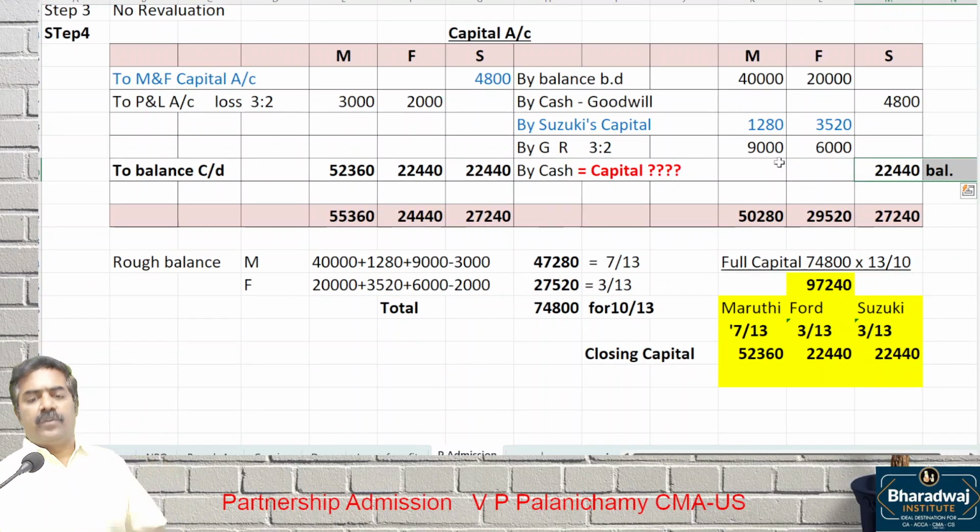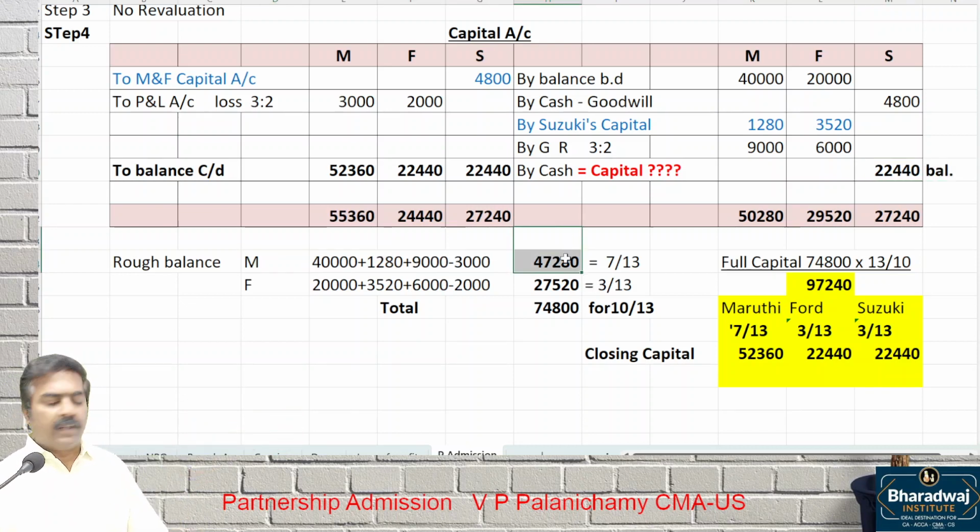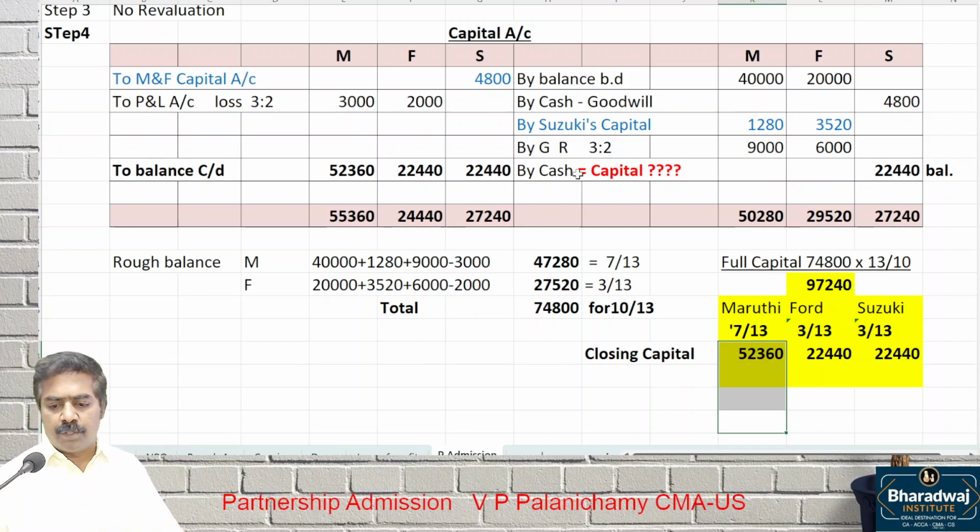Look at Maruti and Ford. One method is tallying the ledger, or logically you think: what is Maruti's capital? 47,280 is Maruti's capital. What is the required capital? 52,360. Is there a shortage or a surplus? Shortage, so you have to bring it in.